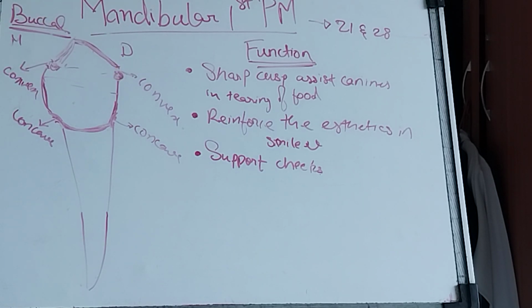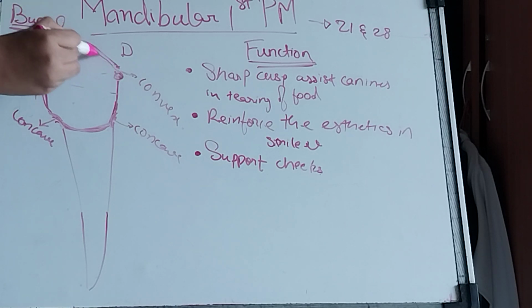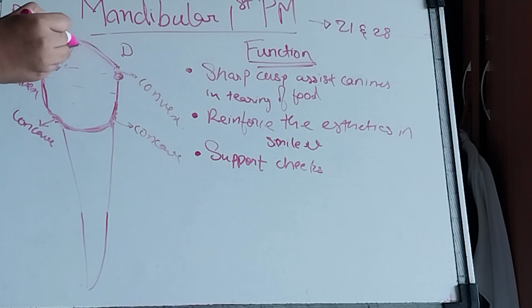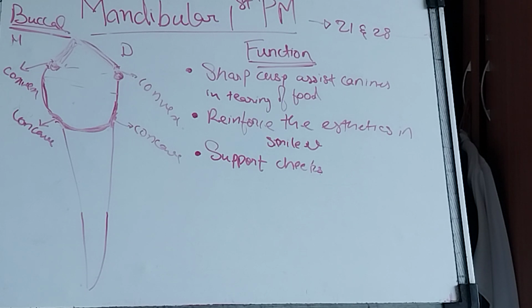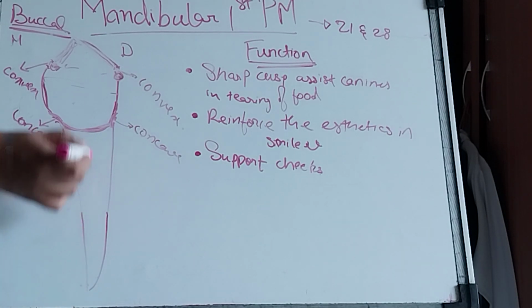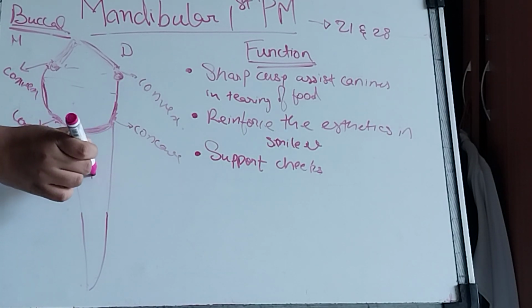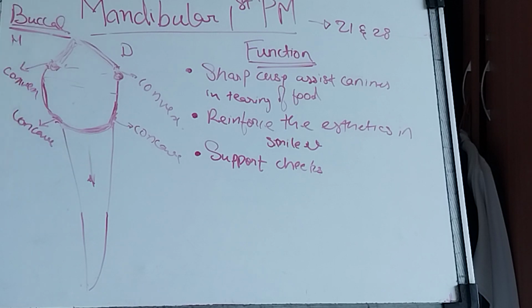If the premolar is unworn, that is, a newly erupted premolar, the buccal cusp tip is very sharp, and the mesiobuccal and distobuccal cusp ridges are slightly concave, not that much. The distal cusp ridge is longer than the mesial cusp ridge. You can see this is a bit longer. And the cervical line on the buccal surface is curved apically, toward the root apex, directed that way.